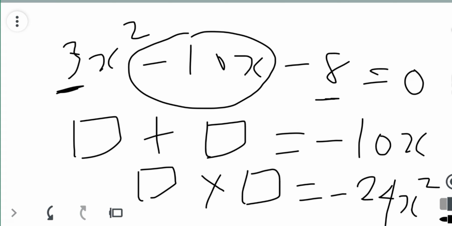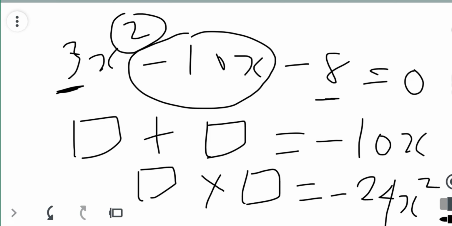Is that taken? Okay, so this question we are solving is called a quadratic equation, because here we can see that the unknown here is x, and the degree of the unknown here is 2. So basically, we'll say this is a quadratic equation.